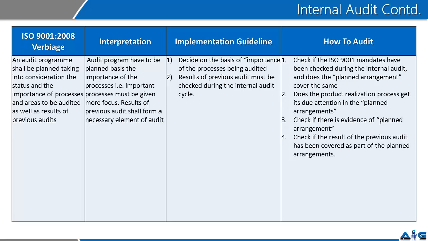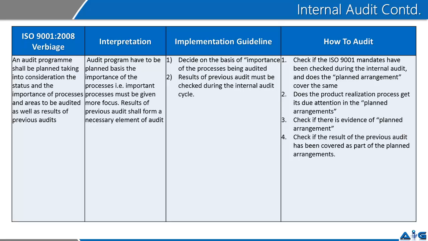Next, it goes on. If you read the standard, it will say that an audit program shall be planned taking into consideration the status and the importance of processes and the areas to be audited, as well as the results of the previous audit. I will jump to the implementation guideline. I'm saying you must decide the basis of the importance of processes being audited.